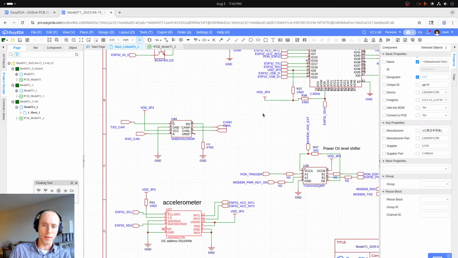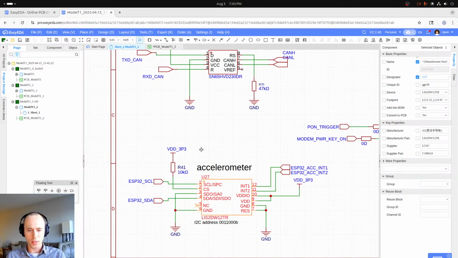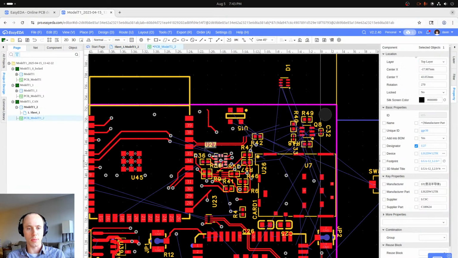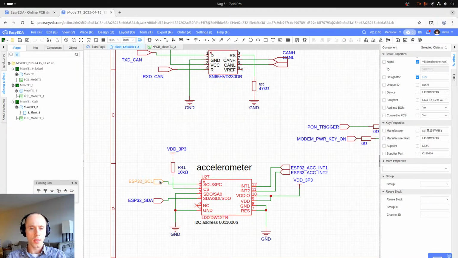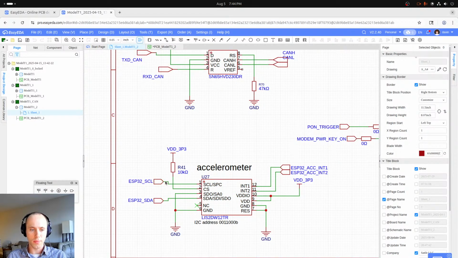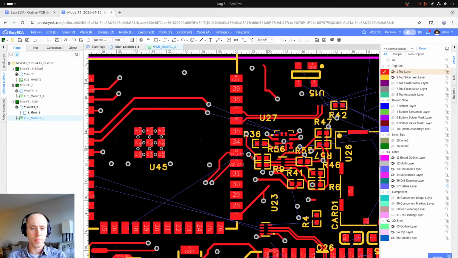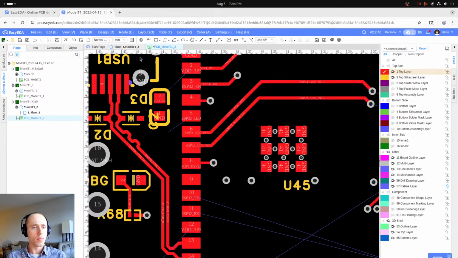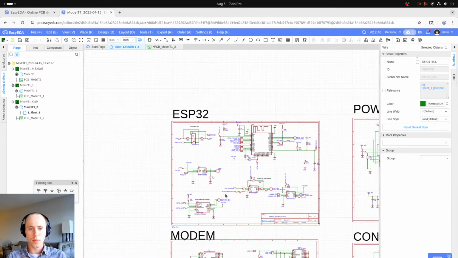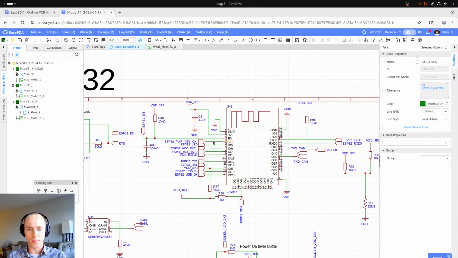Okay, okay. So let's figure out where this wants to go. It's pretty much exclusively tied to the ESP32, so it makes sense that we put it close. What pins does it want to go to? ESP32 SCL. What is that? SCL, SDA.